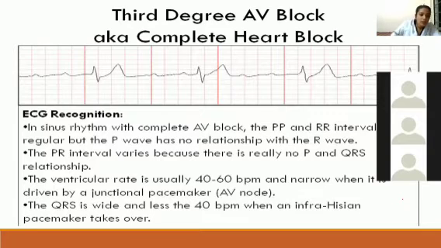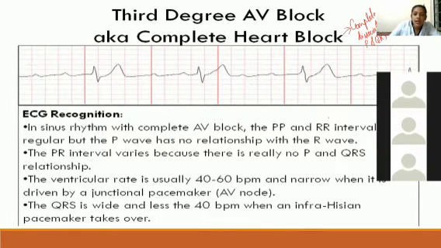In sinus rhythm with complete AV block, the PP and RR intervals are regular, but the P wave has no relationship with the R wave. In complete heart block, the thing you can see is complete dissociation between P and QRS.